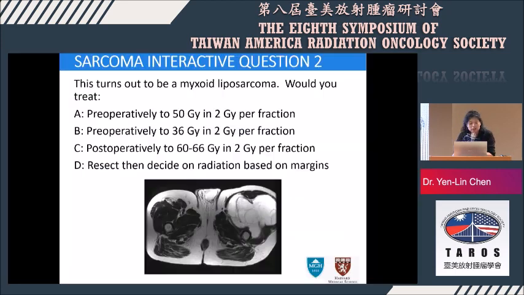Okay, so what if the pathology actually turns out to be a myxoid liposarcoma? Would you treat any differently? Would you do A, pre-op to 50 gray, B, pre-op to 36 gray, C, post-op to 66, and then D, resect, and then again decide based on margin?